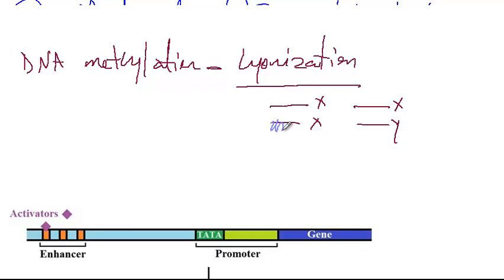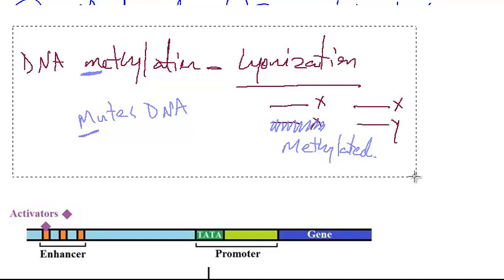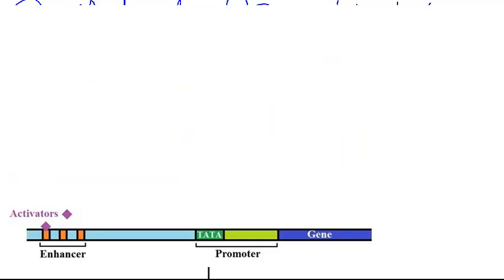So one of the X chromosomes in every human cell will become methylated in order not to express genes. And the memory aid that I have for you is that you can always think that DNA methylation mutes DNA.